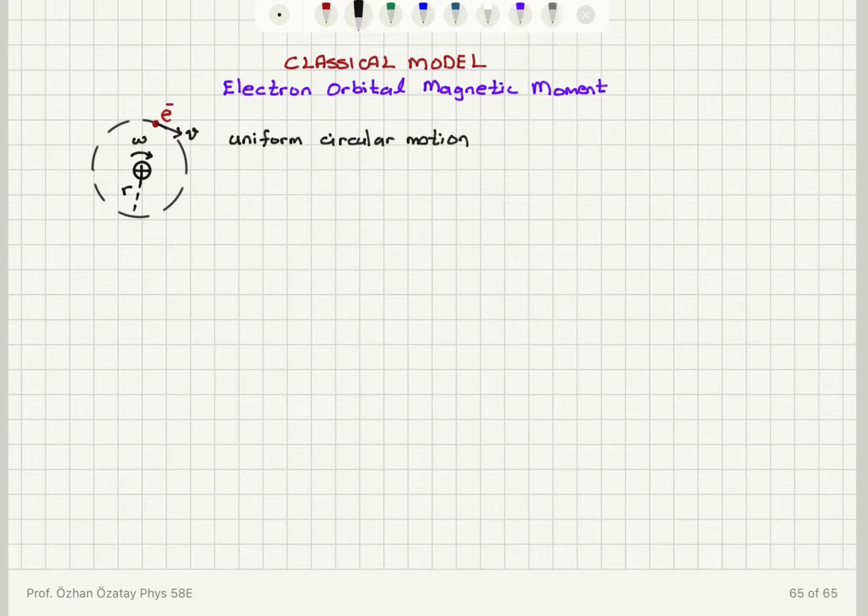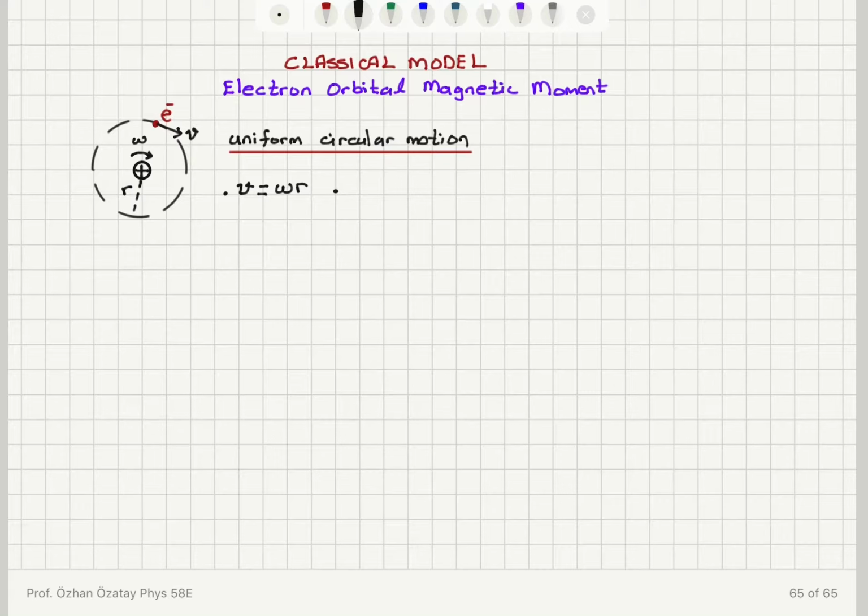Now, since I have uniform circular motion, this implies a few things about the motion of the electron. One is that its tangential velocity v is related to its angular speed omega. So v is equal to omega times r. That is one result.